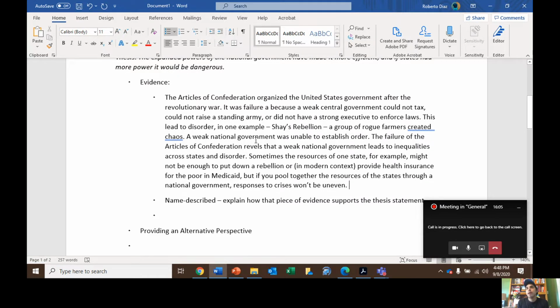So for example, I don't think states like Mississippi, or Alabama, or, what's another poor state? Kansas would be able to provide health insurance to their populations like Medicaid if it weren't for the national government's ability to pull together everyone's resources and provide funding to essential programs, if that makes sense.